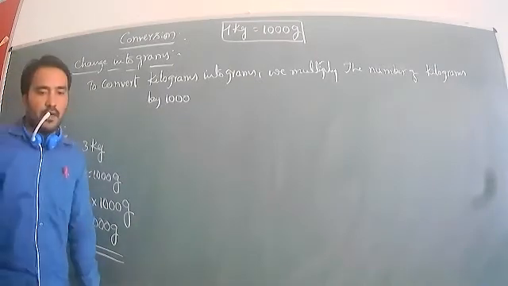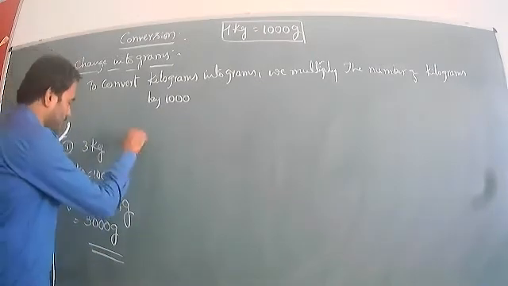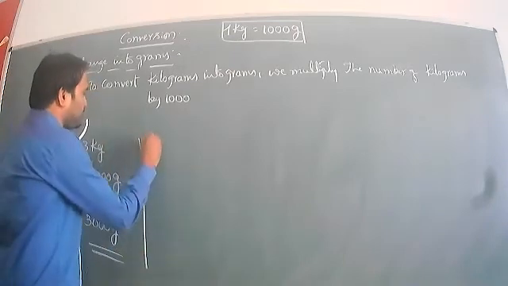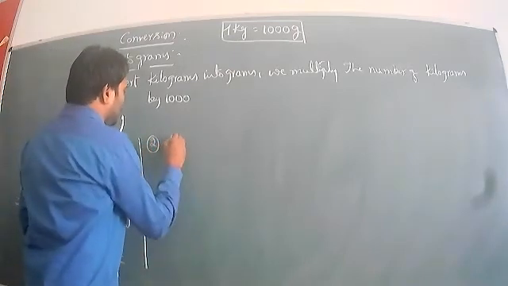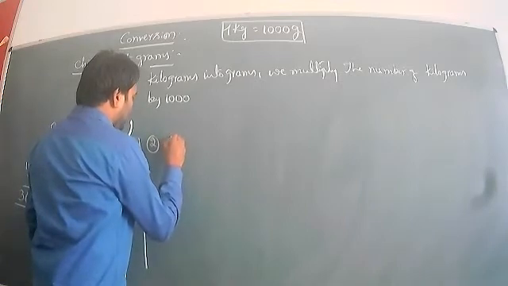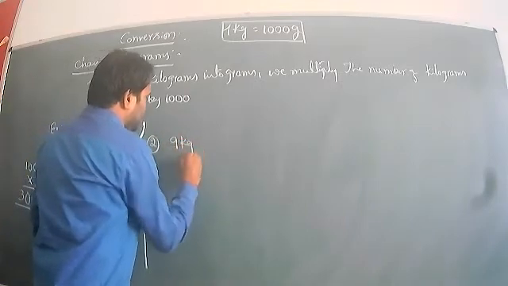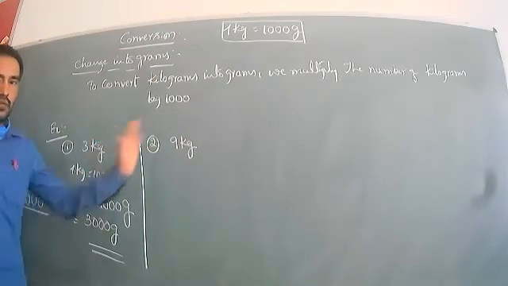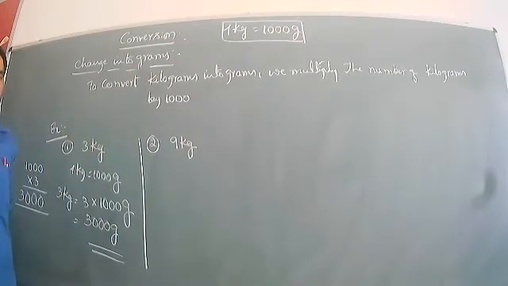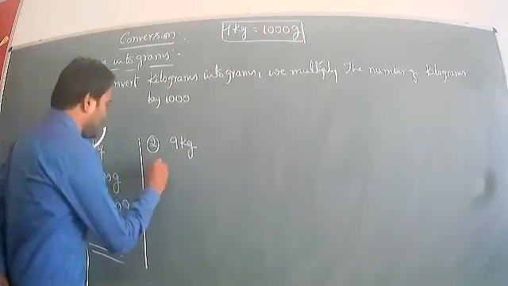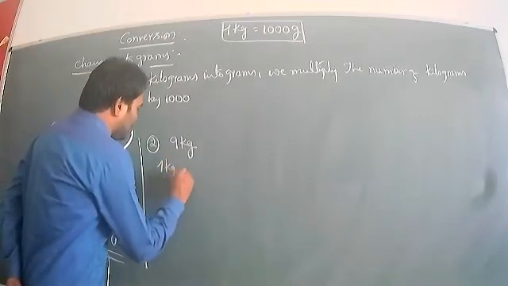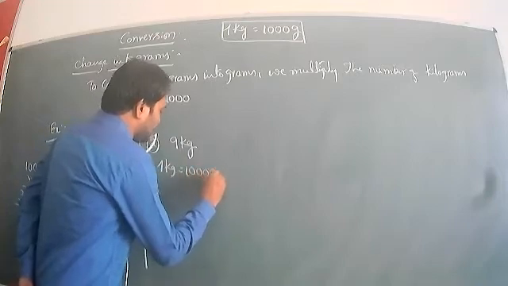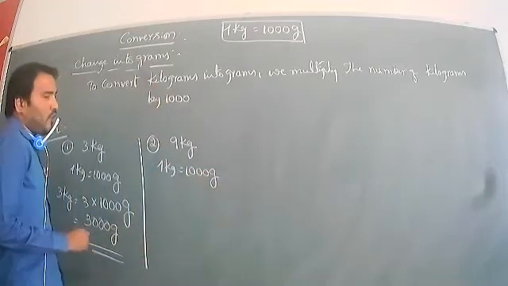Now I will go for the second question: 9 kg. Find out the kg to gram. We know that 1 kg equals 1000 grams. First we write the number of kg, 9, and we multiply by the 1000 grams in each kg.